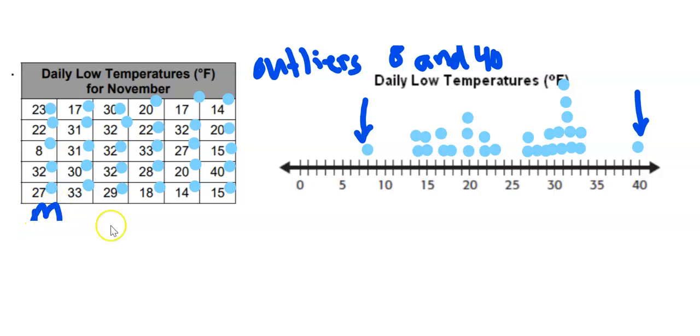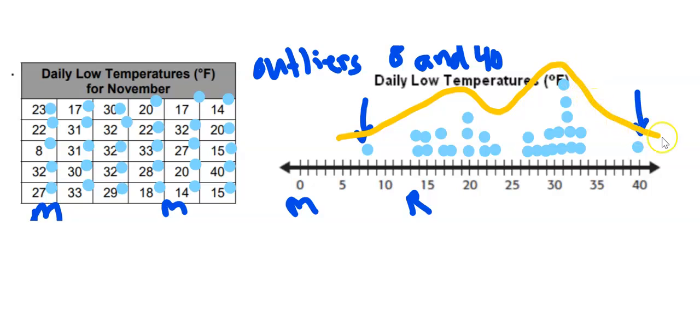So we're going to find the mean, we're going to find the median, we're going to find the mode, and we're going to find the range. All right, let's talk about the shape of the data. So I'm going to change colors really quickly. And we're going to go up and then kind of down and then back up and then back down.